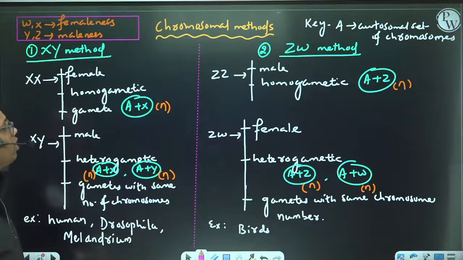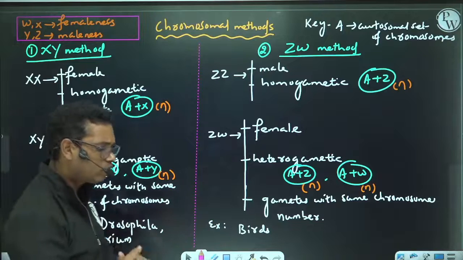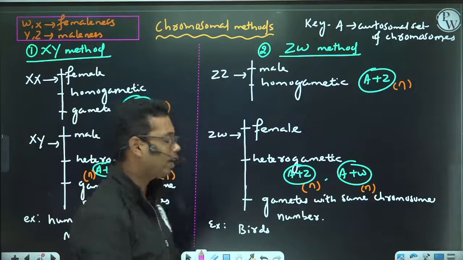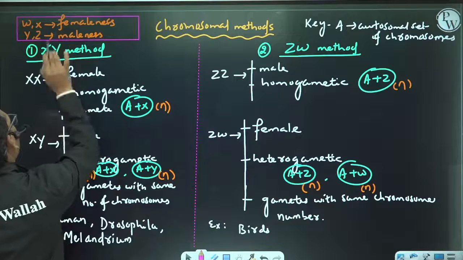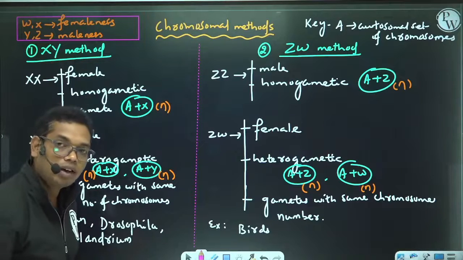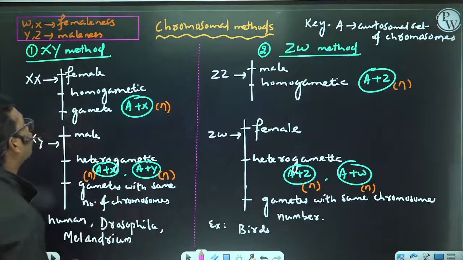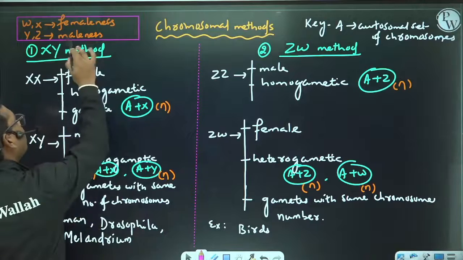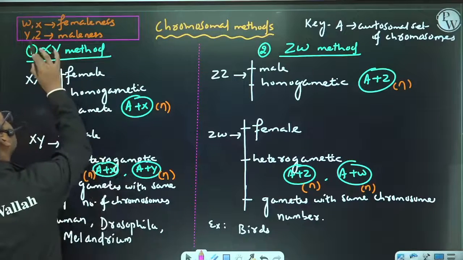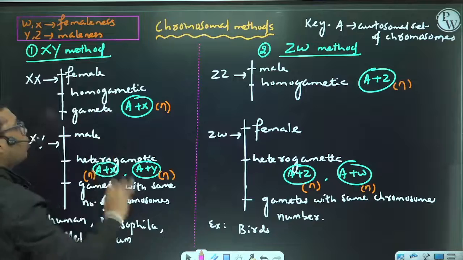Before understanding the chromosomal method, you should remember one thing: sex chromosomes are of four types: W, X, Y, Z. W and X are the sex chromosomes responsible for femaleness, whereas Y and Z are responsible for maleness.